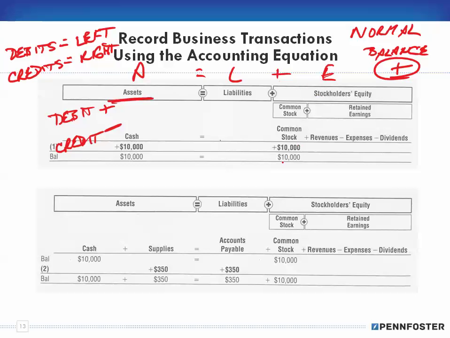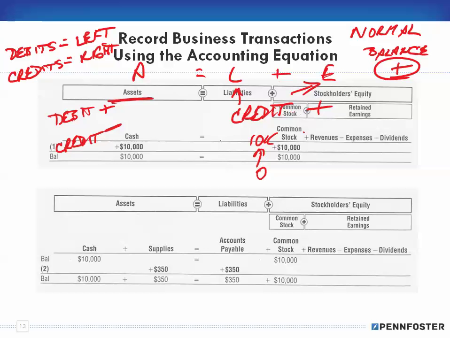Because like in this case here, our equity was 0 and it just went up to 10,000. Well, what increased that category of account? Well, it's on the right-hand side of the equal sign, so that means we credit those accounts. So we credit liabilities and we credit equity whenever we increase the balance in those accounts. That's the normal balance of a liability and an equity account.